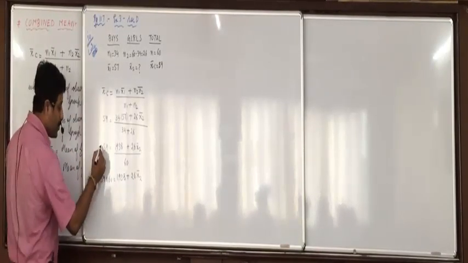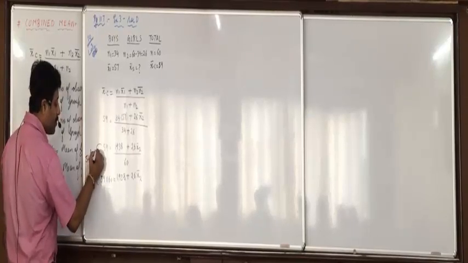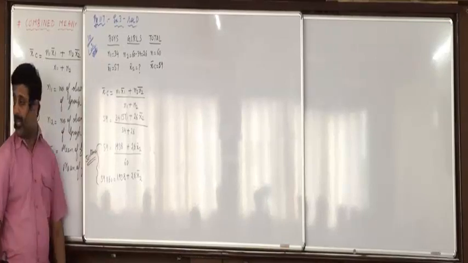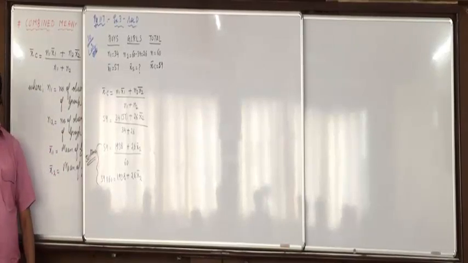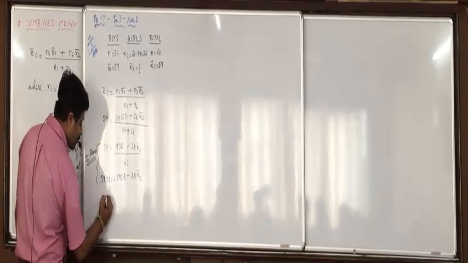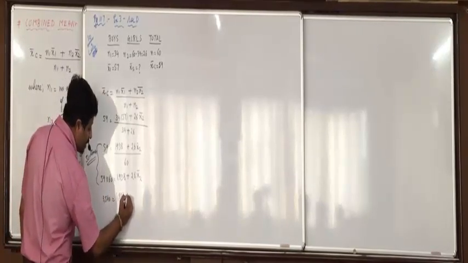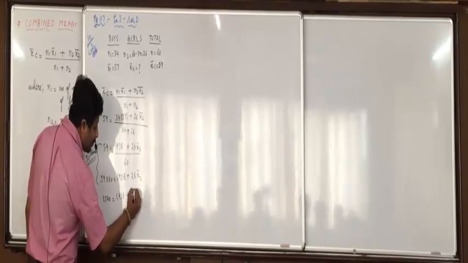What is 59 into 60? 3540 equals 1938 plus 26 X2 bar.